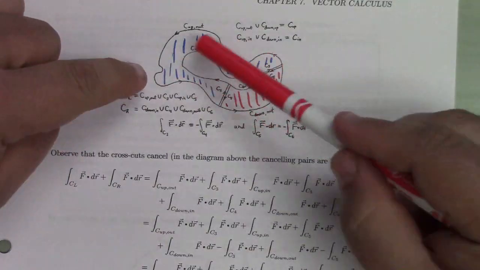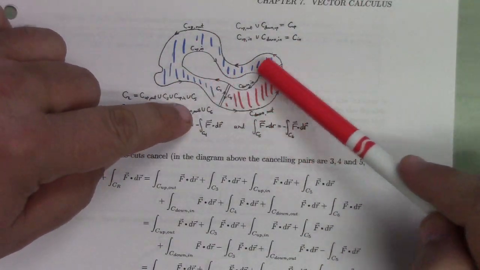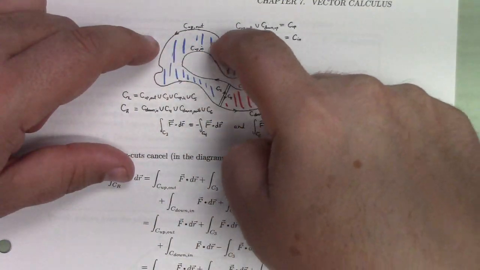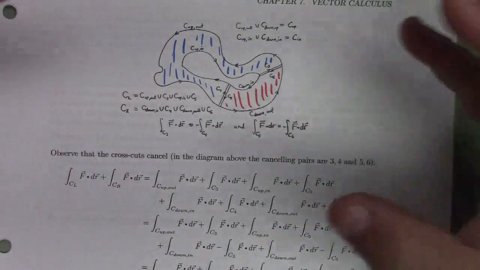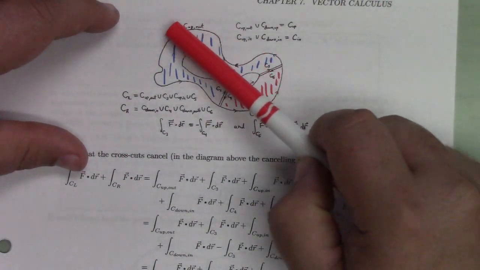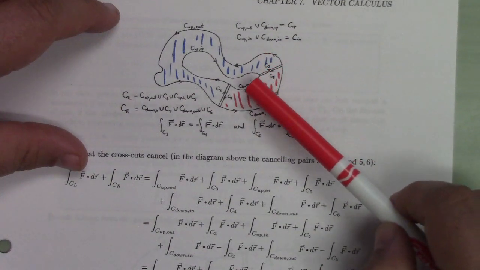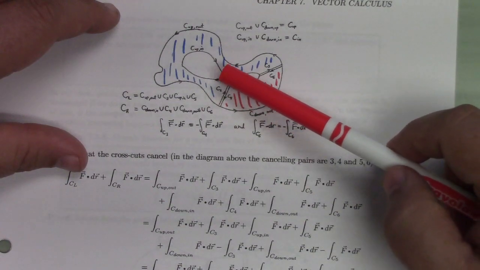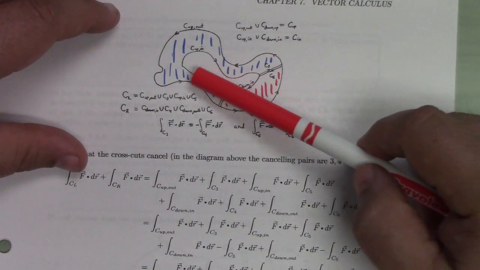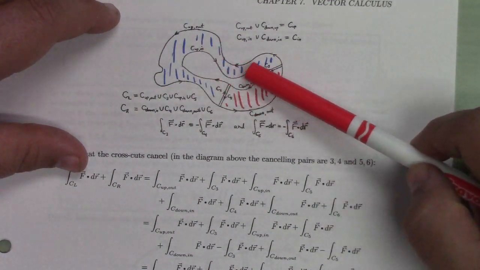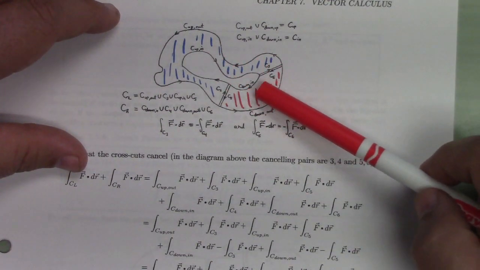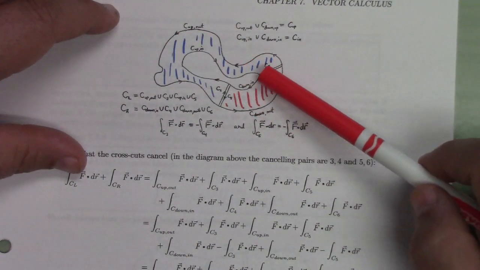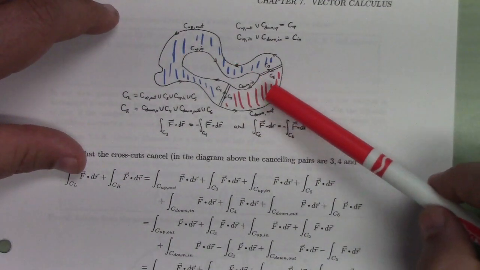When you look at their counterclockwise oriented boundaries, they cancel on these crosscuts. And then the counterclockwise oriented outer parts of the blue region and red region, when you add those boundaries together, give an overall counterclockwise outer boundary. Then through this work down here, you are able to show that the inner boundary is in fact clockwise oriented. It's kind of funny: counterclockwise for the blue and the red leads to clockwise when you put these two together.